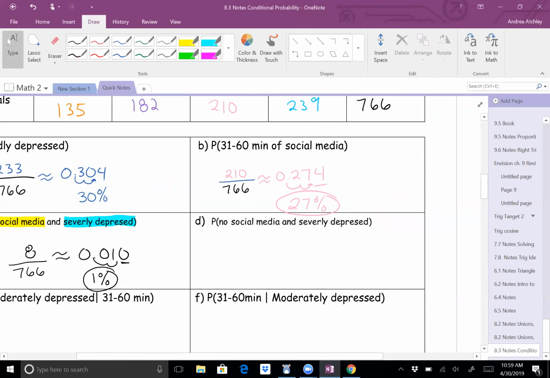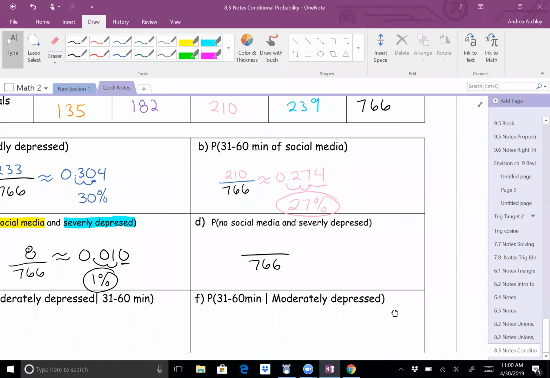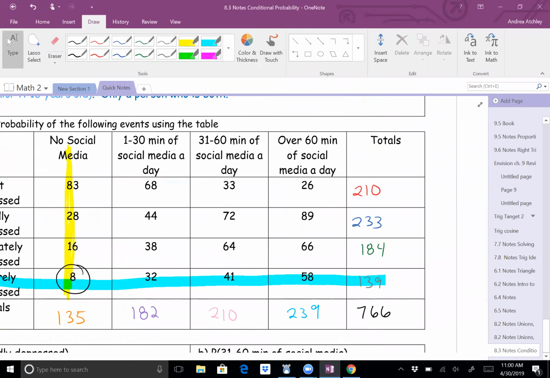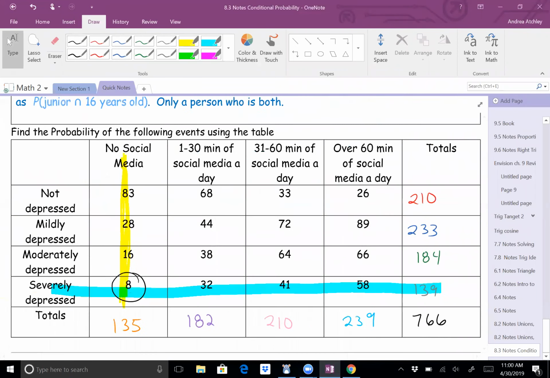Okay, you do D. Danny, what'd you get? Very good. There were 26 people who were both not depressed, so it's these people, and over 60 minutes.